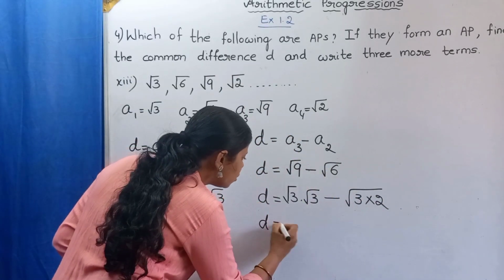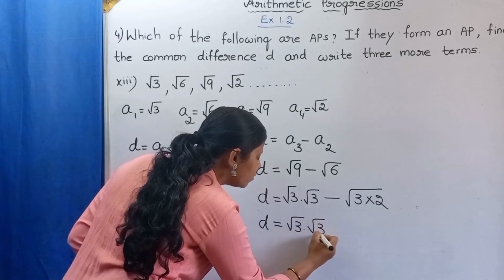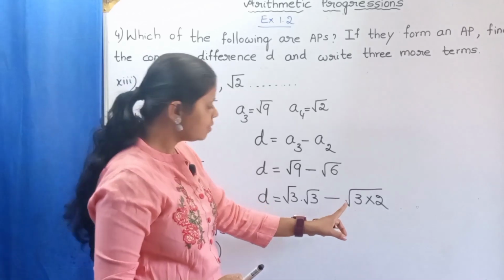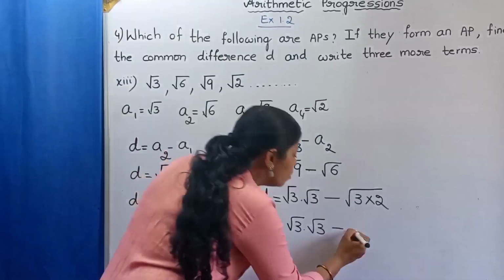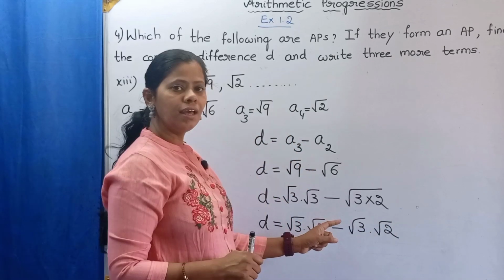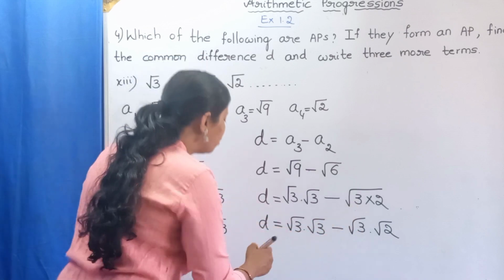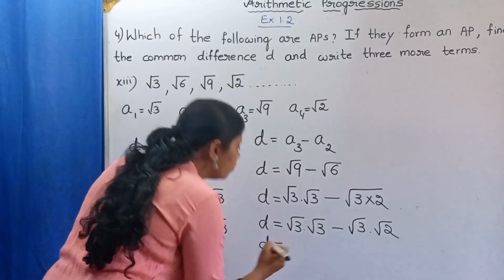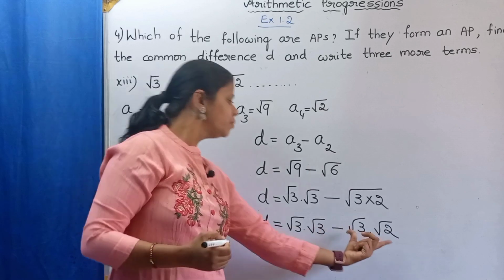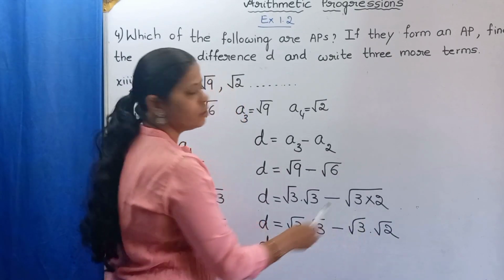Now see here, d is equal to root 3 into root 3. Now look at this. It can be written as root 3 into root 2. Here, I have just split the terms. Okay. Now, this is one term, this is one term. Right? Now, which is common in both?